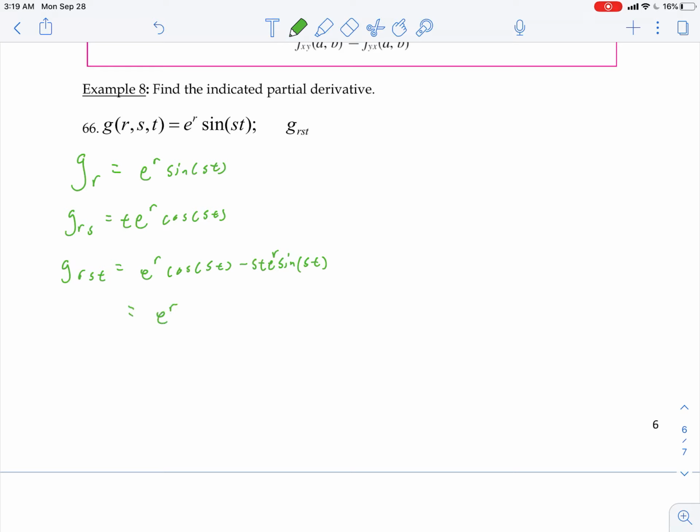And if we want to, we could pull out an e to the r. Since it's the end of the notes, I'll do that. And we'll just have e to the r times cosine st minus st sine of st. Again, you didn't have to pull out that e to the r.